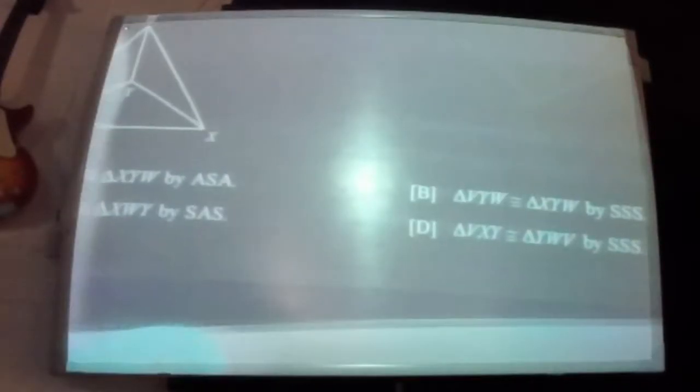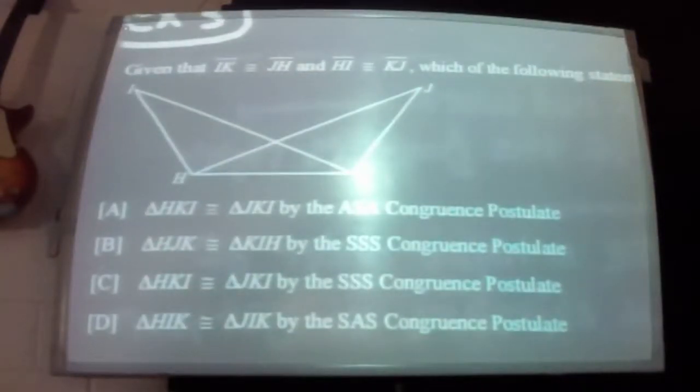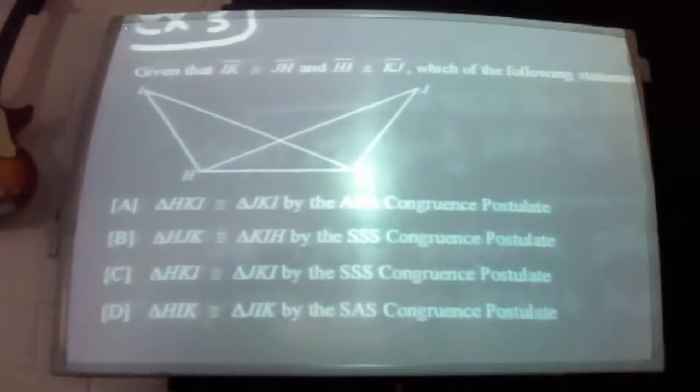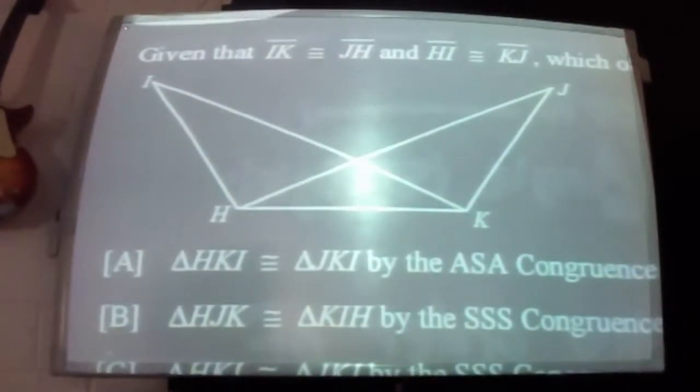Oh my, this one's tough. This one always looks kind of like a crown or something like that. IK, that's a diagonal IK.